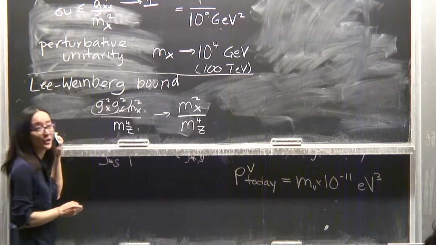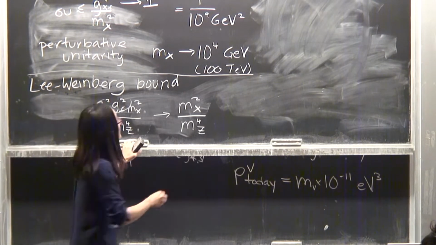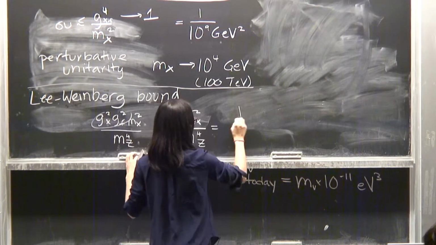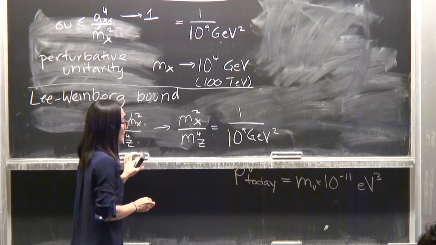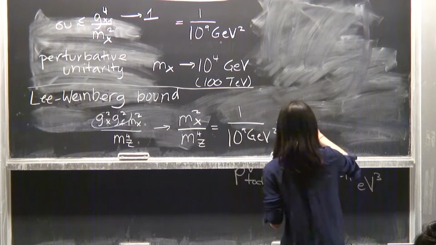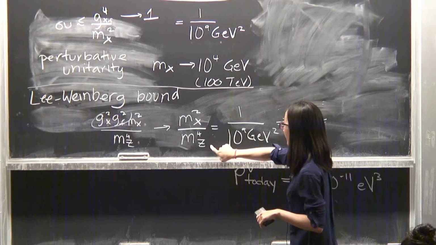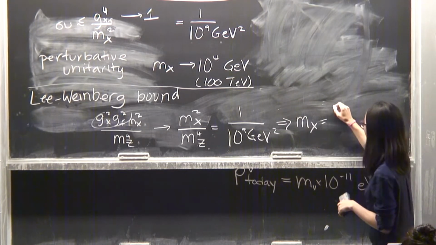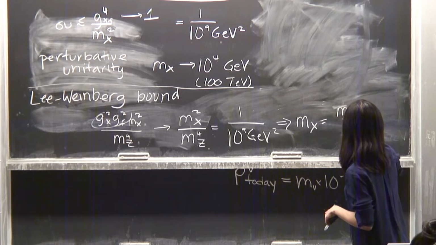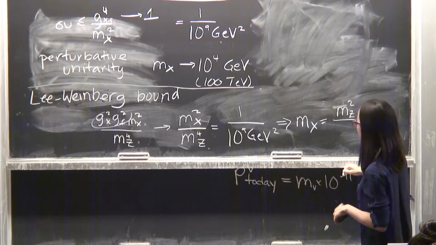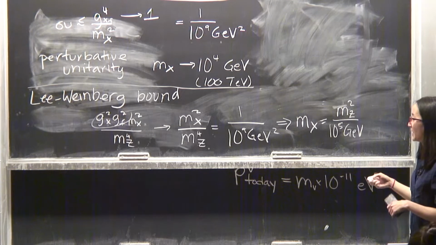I'm still going to get a suppression with the dark matter mass. And if I set this equal to the desired value here, 10 to the 9 GeV squared, this becomes, I can replace this with roughly mZ squared over about 10 to the 5 GeV, 10 to the 4, 10 to the 5.